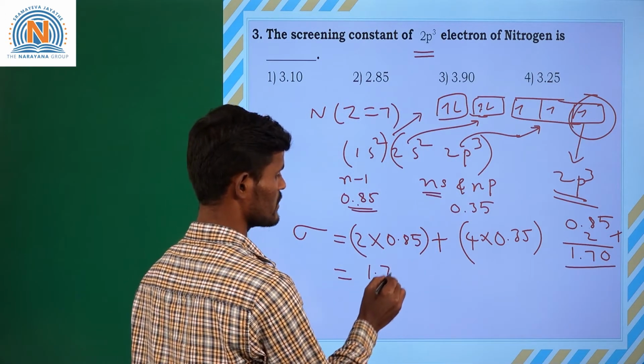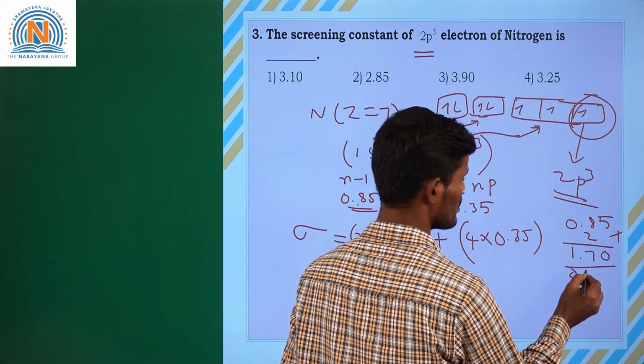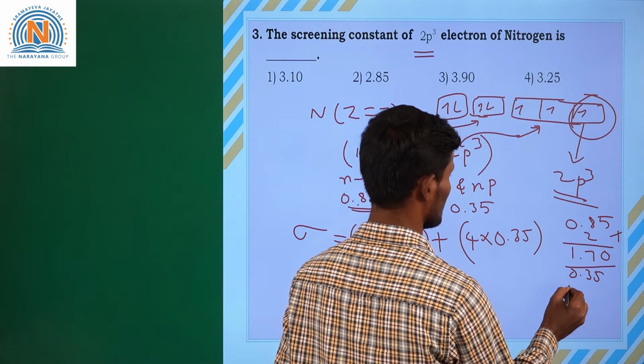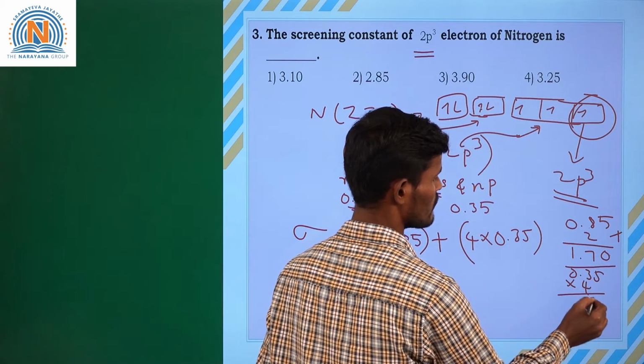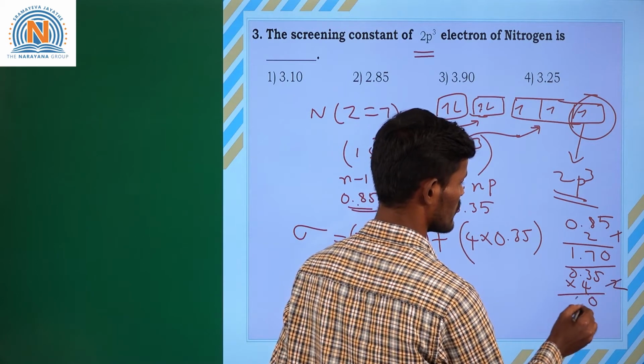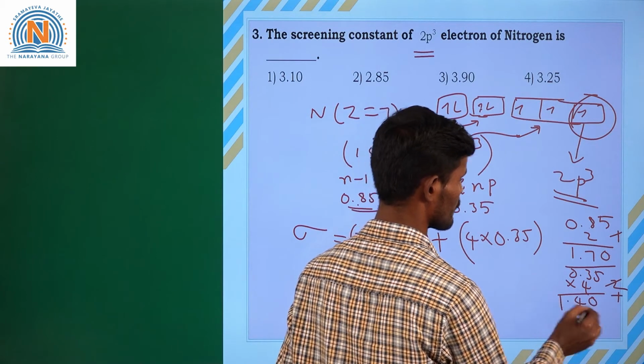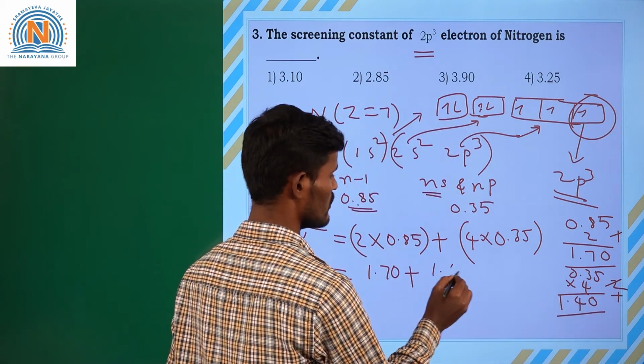It is 1.70 plus 0.35 into 4. 4 fives are 20, so 1.40.